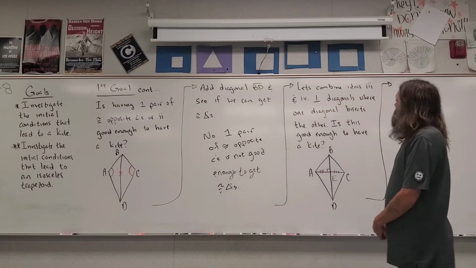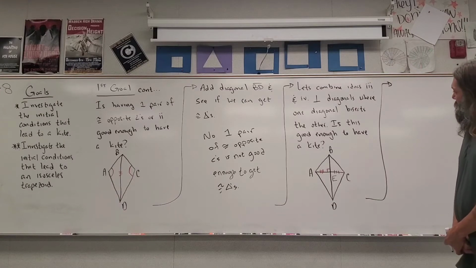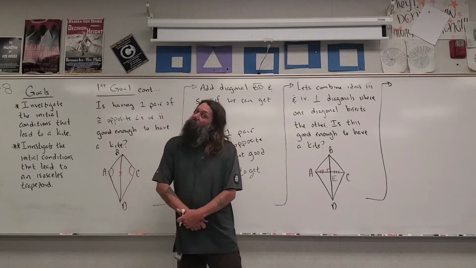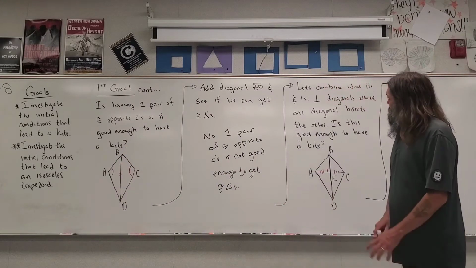Okay, so one pair of congruent opposite angles is not good enough to get congruent triangles. So starting off with a pair of opposite congruent angles is not good. All right, so number 2 is no good.